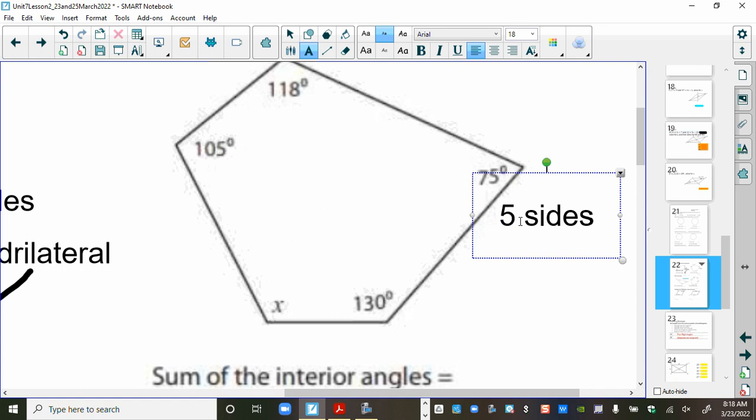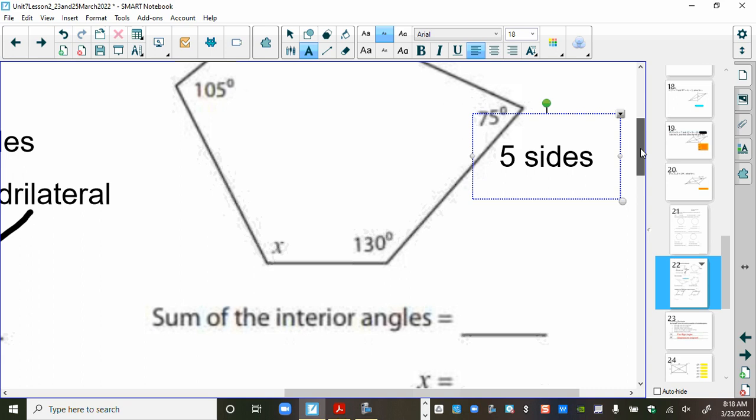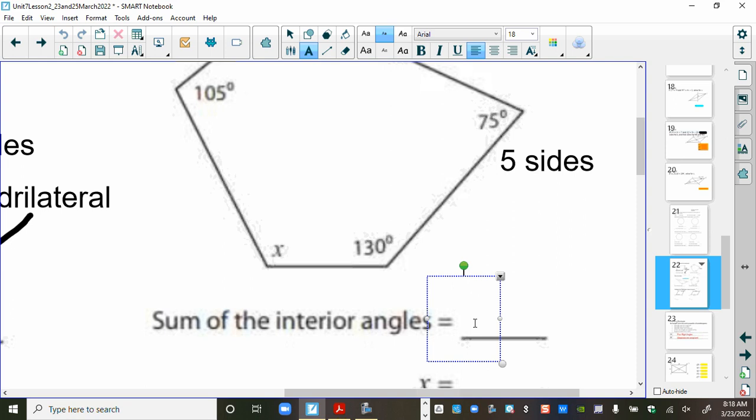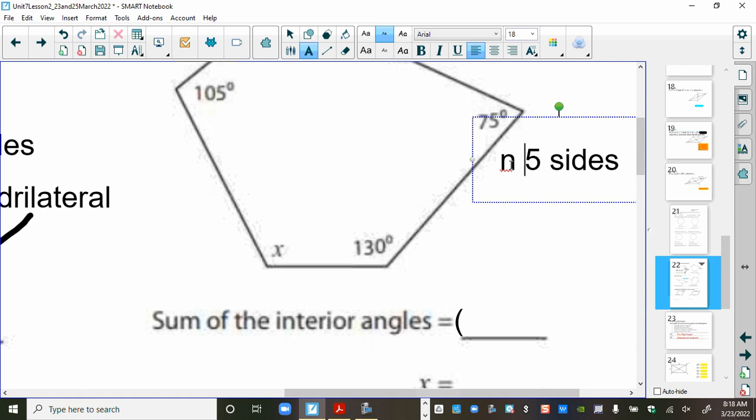The sum of the interior angles, what you need to do is the following. Your general formula, if you want the sum of the interior angles of any polygon, so actually we'll go back to this. So n equals 5 for 5 sides.